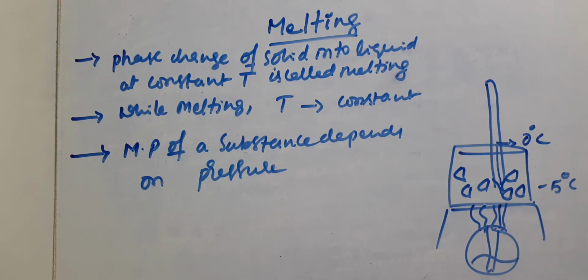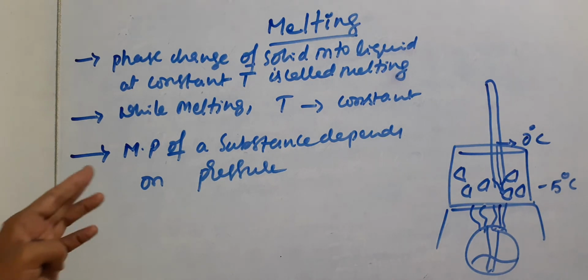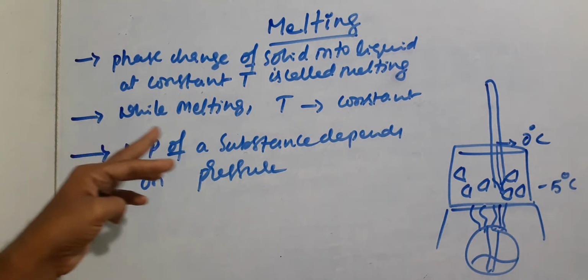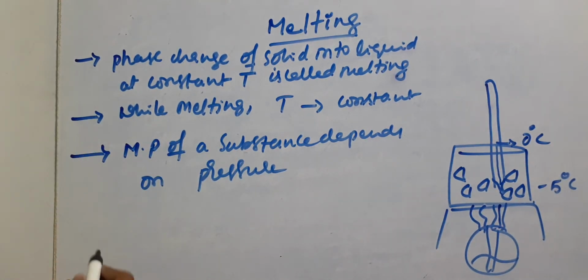For example, if you apply more pressure on the ice cubes, its melting point decreases. When the pressure on the ice cubes decreases, the melting point increases. So the melting point of ice depends on pressure. So during melting, temperature remains constant.